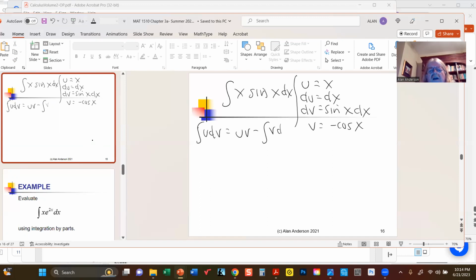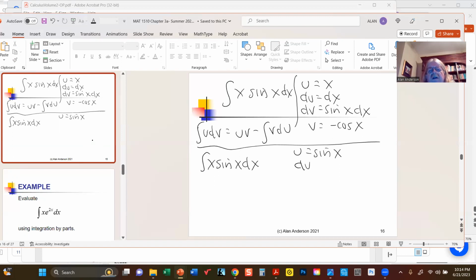All right, fine. What if we'd done something like this. u is sine x. du is cosine x dx. dv would have been x dx.